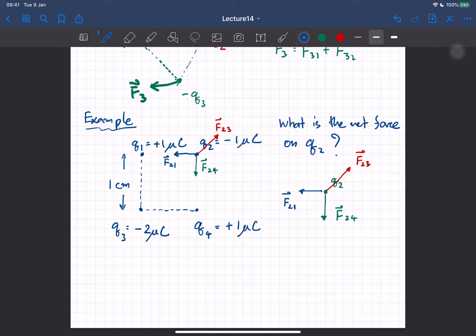And then we have to add this together. Okay, and now comes probably a little bit difficult part in terms of mathematics because you need to do components. So I hope it's clear to you that this angle here is 45 degrees because it's a square.